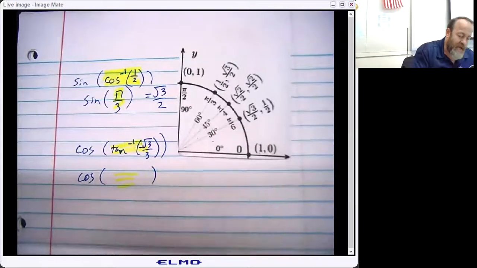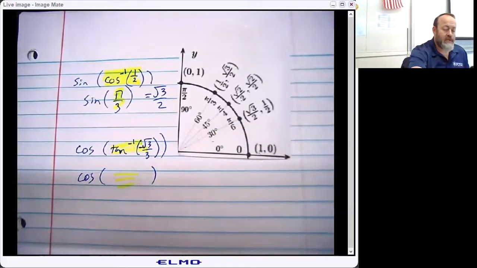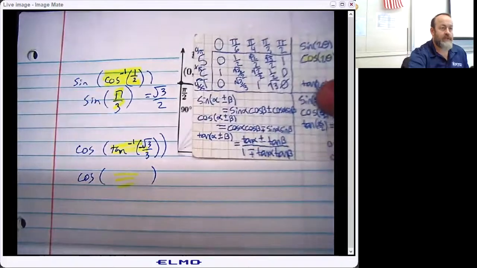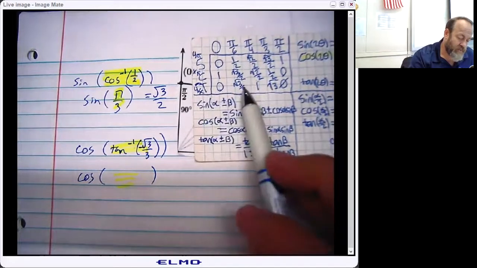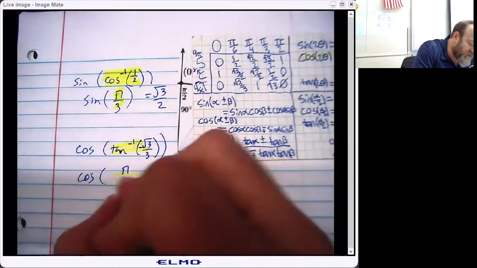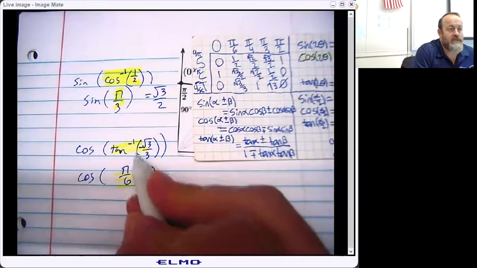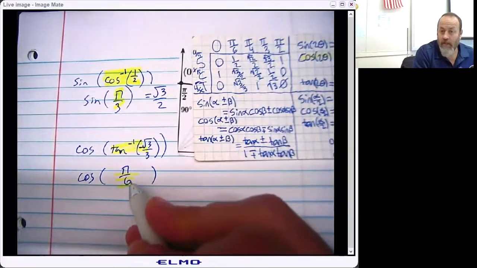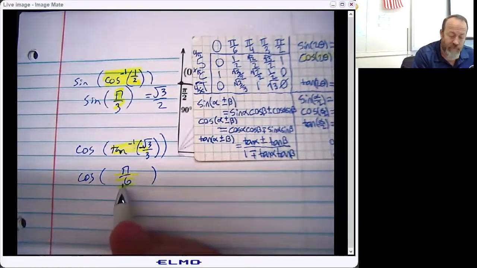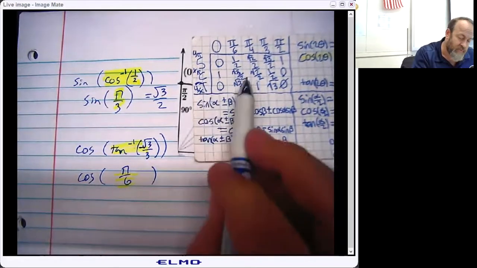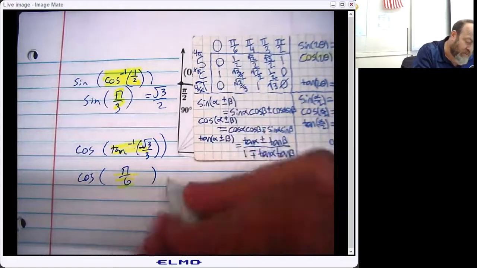So this problem is asking me for an angle. I personally really like this way better. When is the tangent √3/3? It's the angle pi/6. So the answer to this interior question is the angle pi/6. Then I want to know the cosine of that angle. The cosine of pi/6 is right there. It's √3/2.